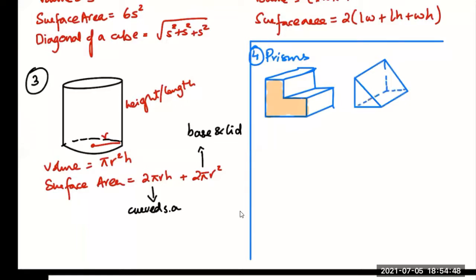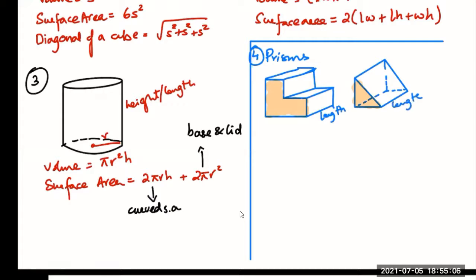What will its slice look like? It will look like this. Sometimes the prisms can be lying in length. This is the length. This is also the length of a prism.